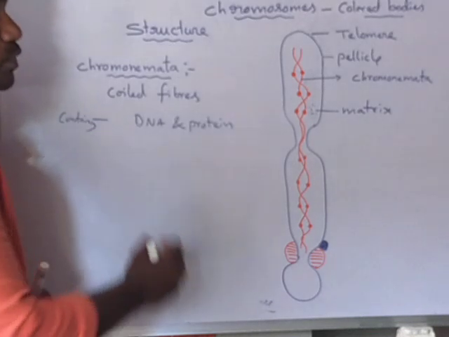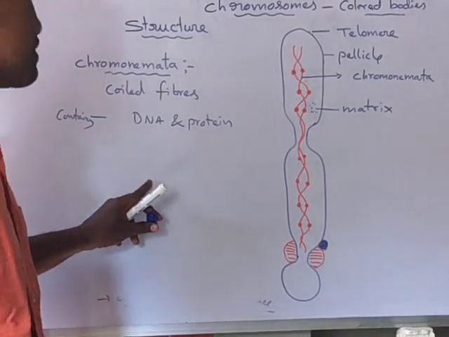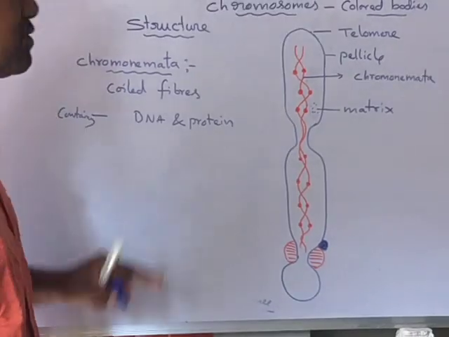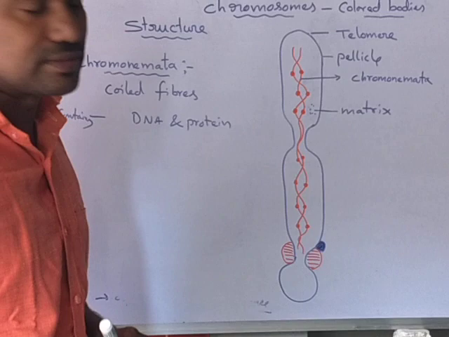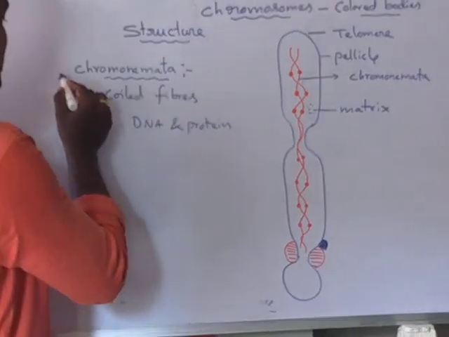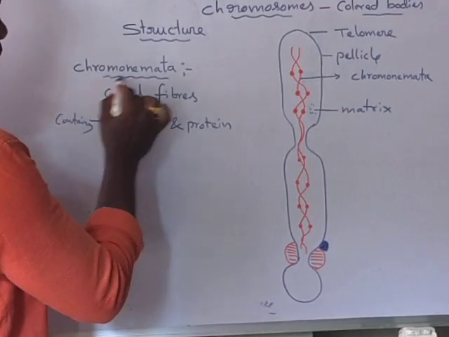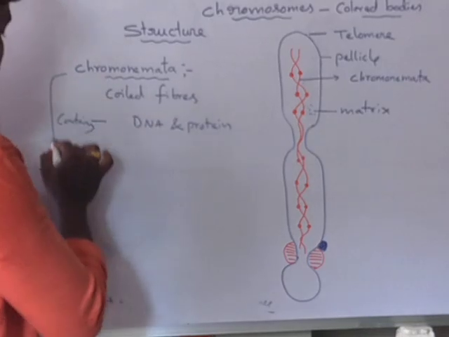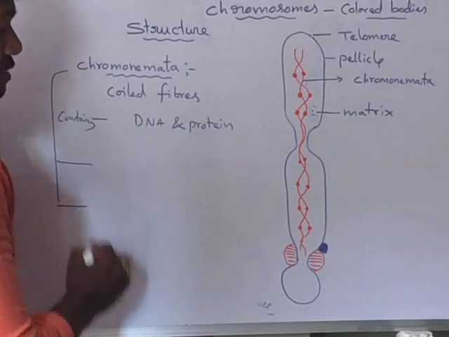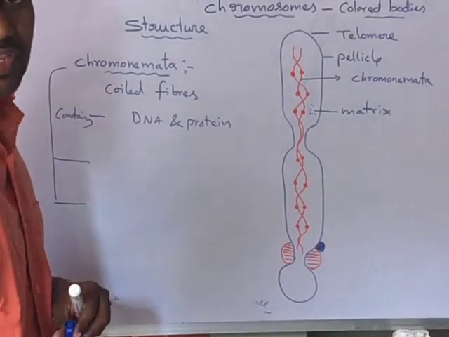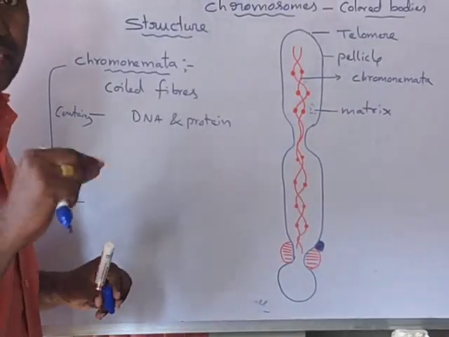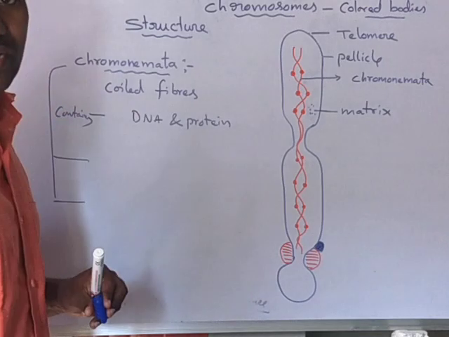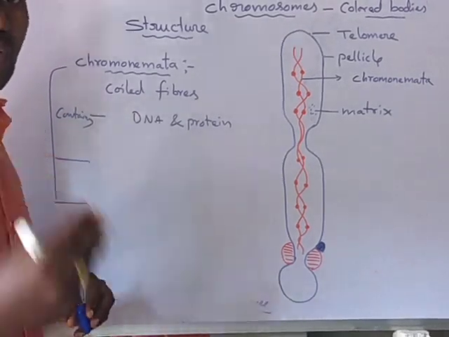The arrangement of the chromonema is seen in two ways: one is parallel and another one is coiled. Sometimes it has a parallel arrangement, and sometimes a coiled arrangement.